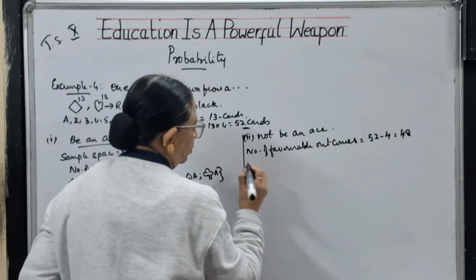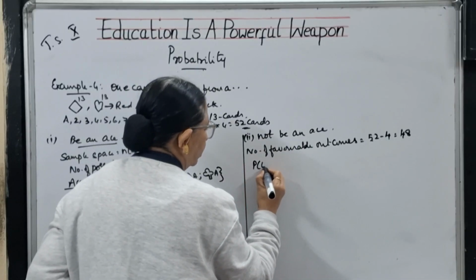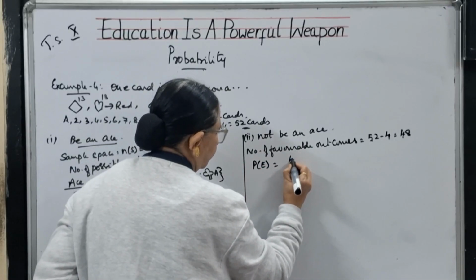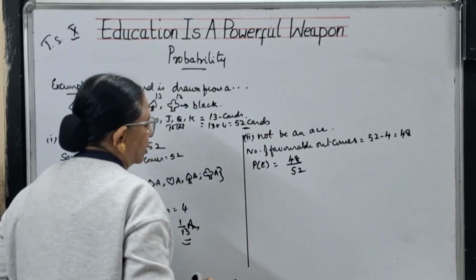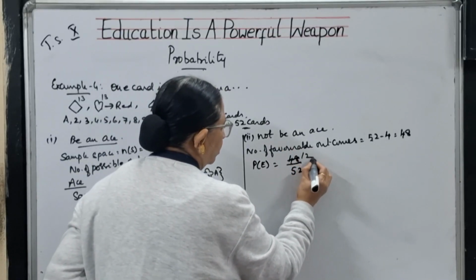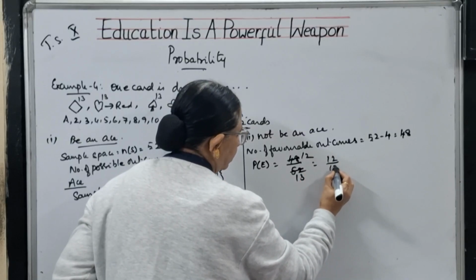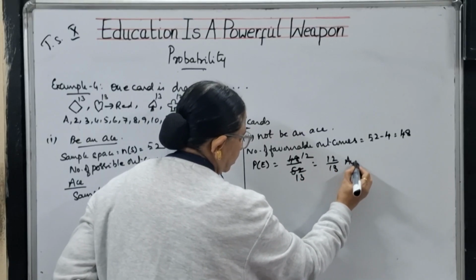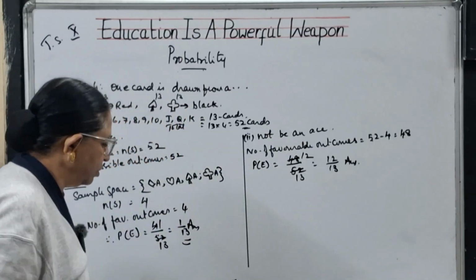So the probability of the event is the number of favorable outcomes by the number of possible outcomes. 4 ones are 4, 4 threes are 12, so 12 by 13 is the answer for this problem, children. So please note it down.